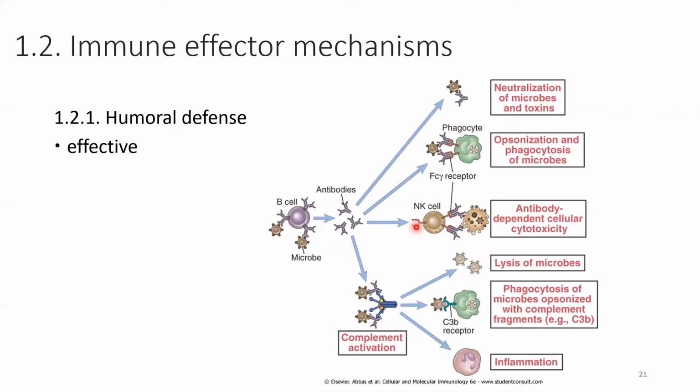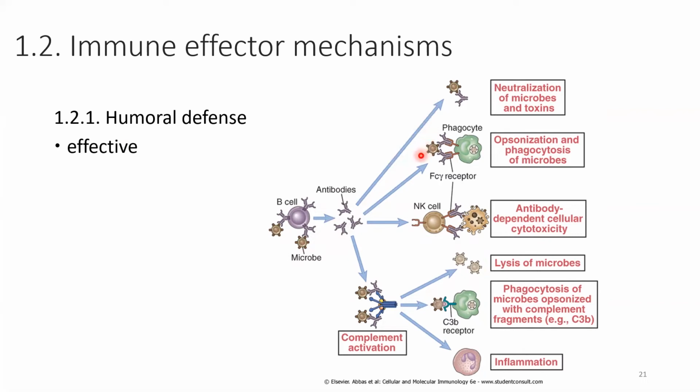The next is about humoral defense. We know that the humoral immune response is the soluble immune response, which is antibody. So when we get infection, normally in our immune response we produce antibodies. Antibodies can neutralize microorganisms.